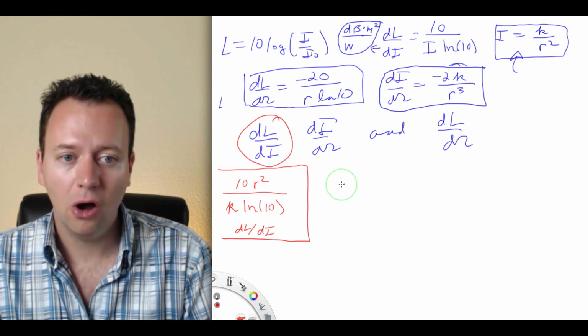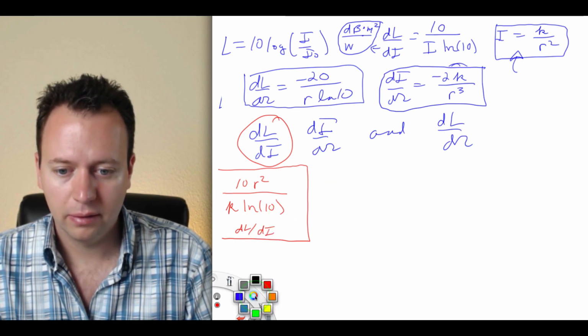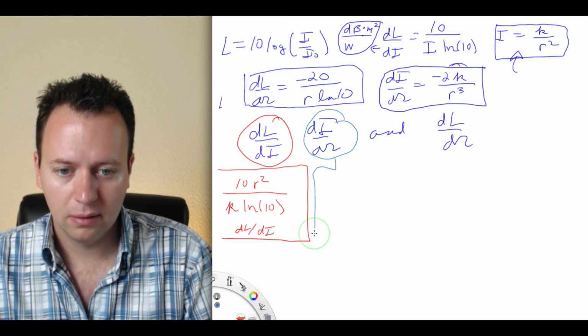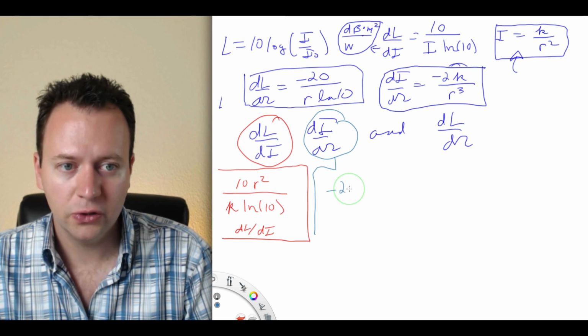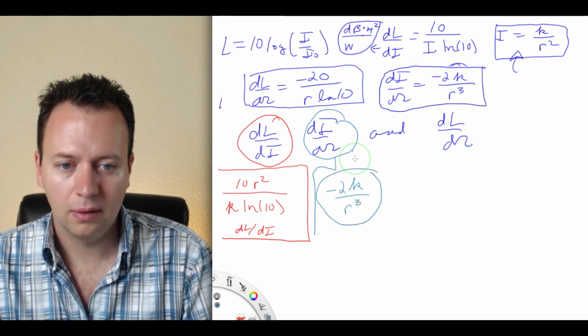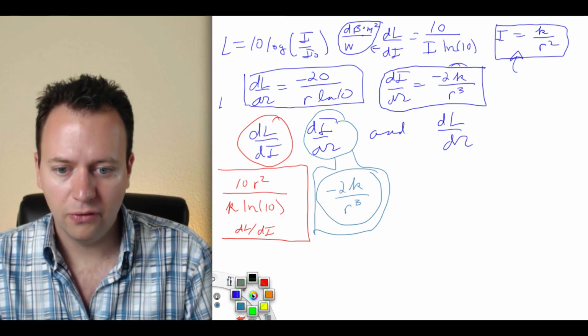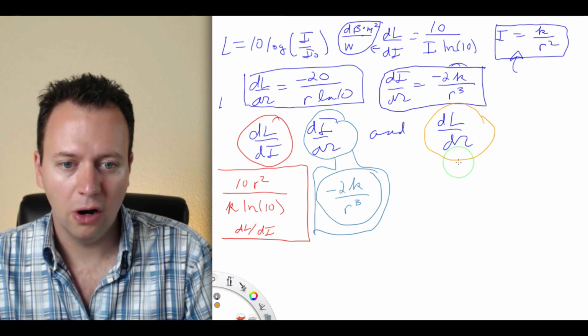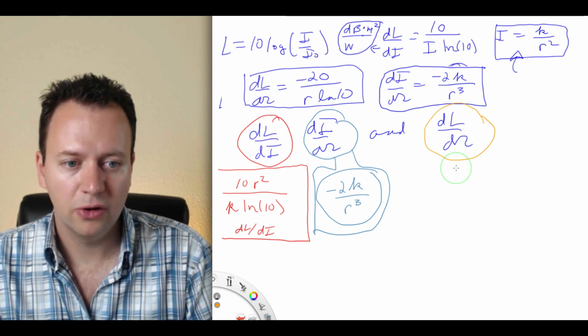Now the dI/dR is minus 2k over R cubed. And then finally, the dL/dR we computed as minus 20 over R ln of 10.